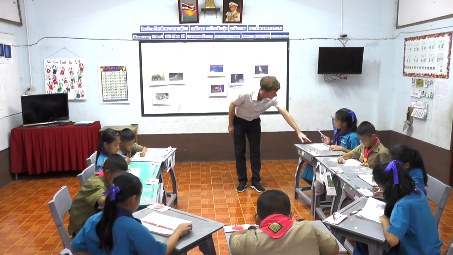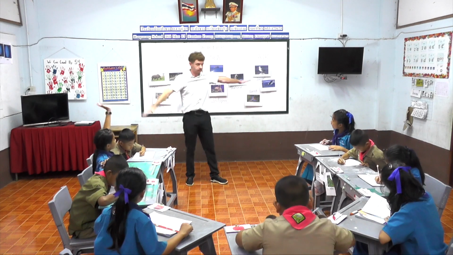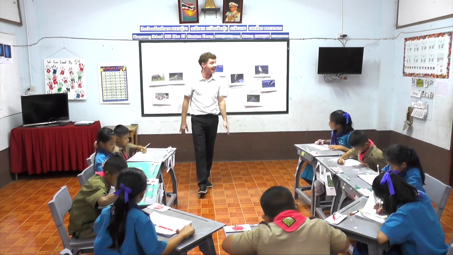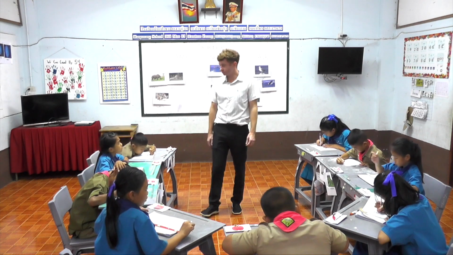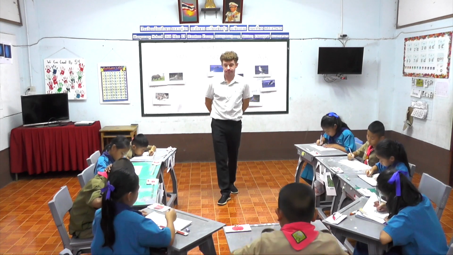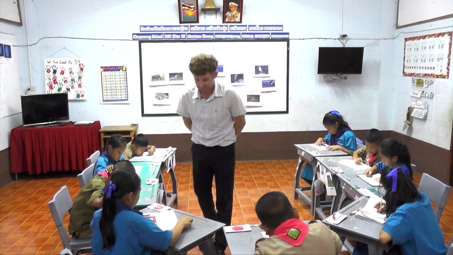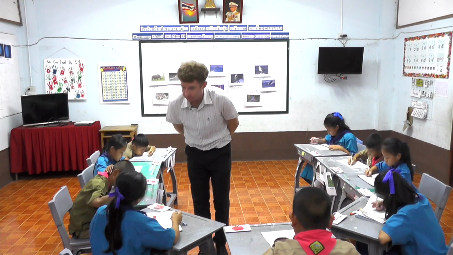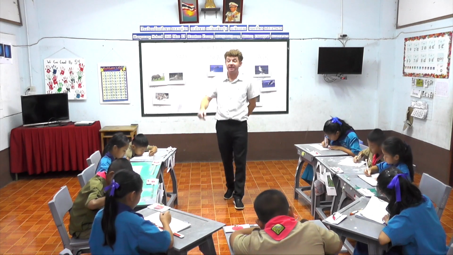Condor, this one here, condor, the biggest bird on the planet. So it's an air animal. Ostrich is a bird. Whale, the biggest animal on the planet, lives in the sea.